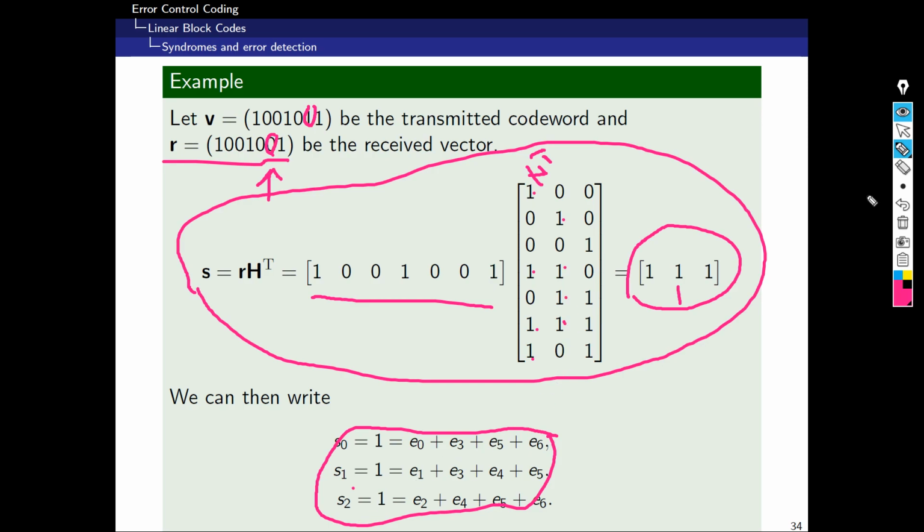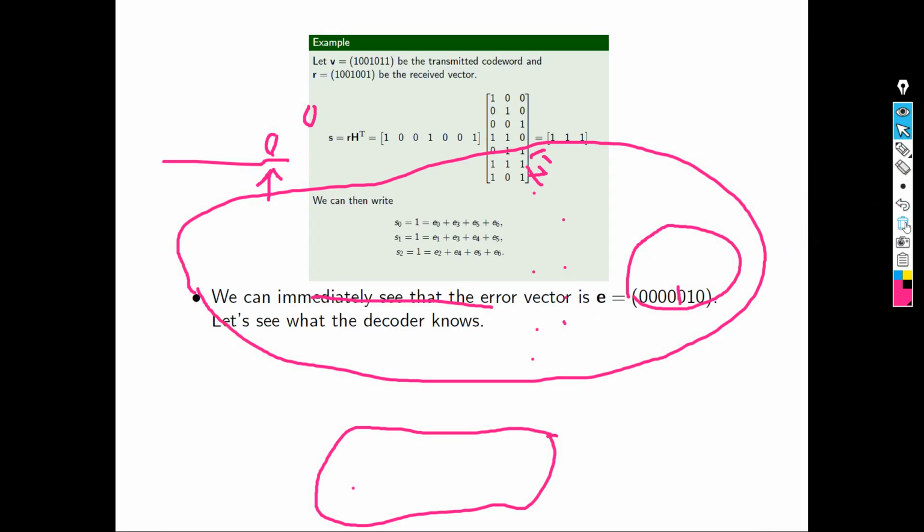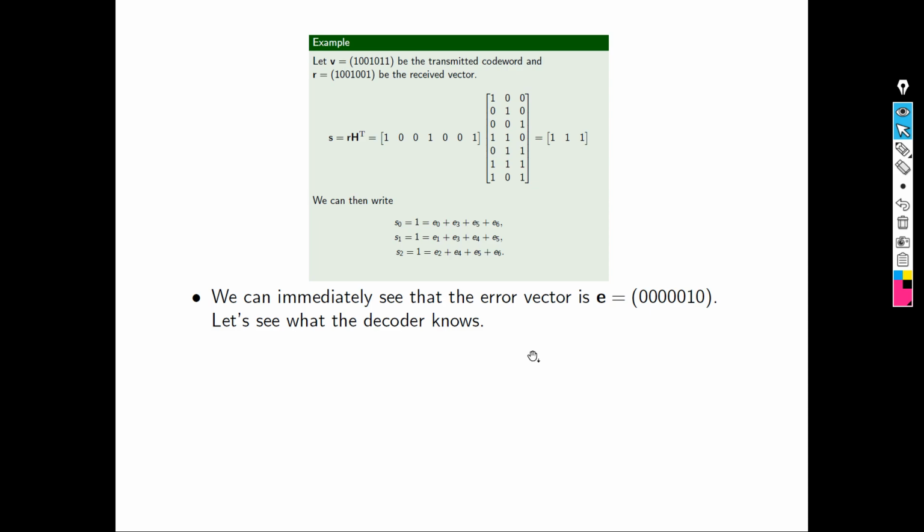And you do the same for S2. We can immediately see that the error vector is 0, 0, 0. After you do the calculation and calculate the values, you find that E is this.